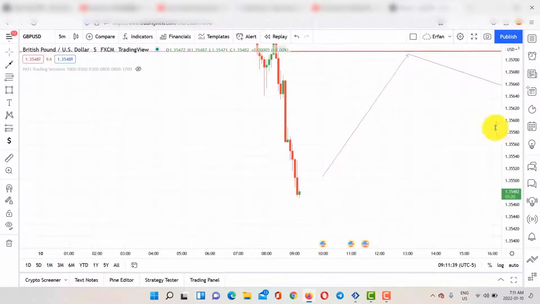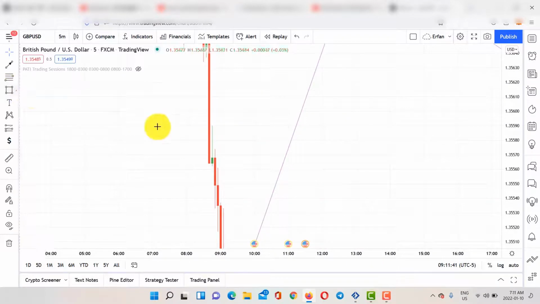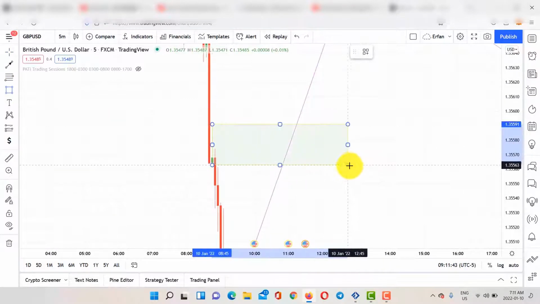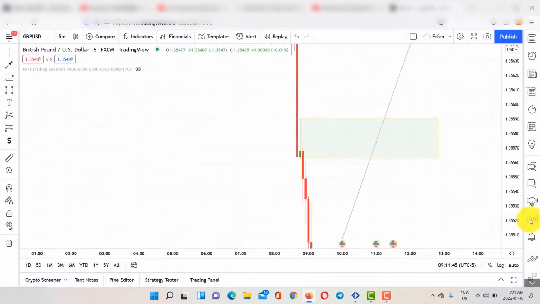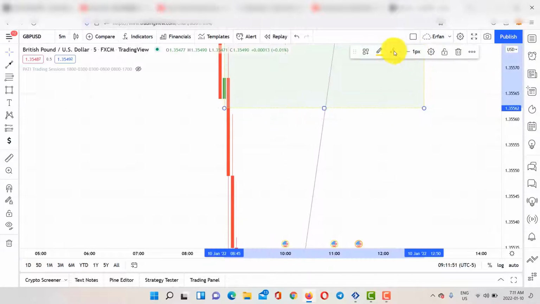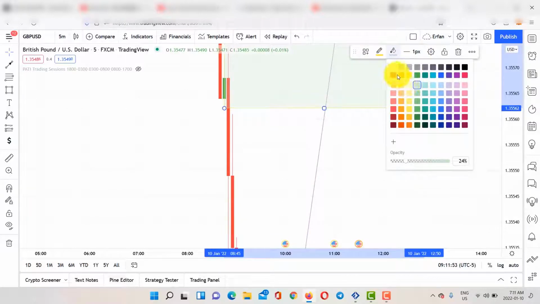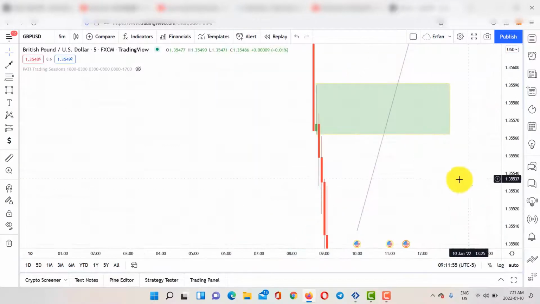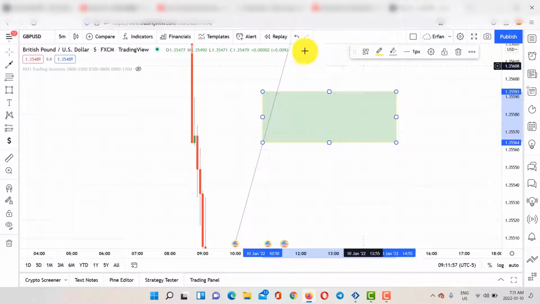But we have this order block right here. See, it's not tapped into. We have a little bit of gap here, so it still counts as an order block. Let me just put it this way, green.